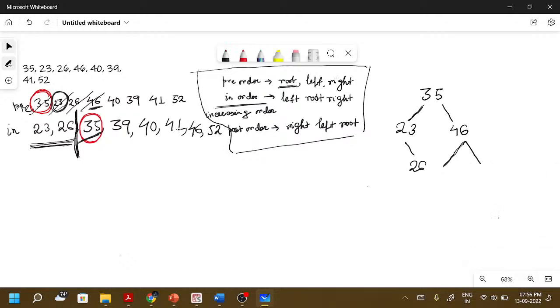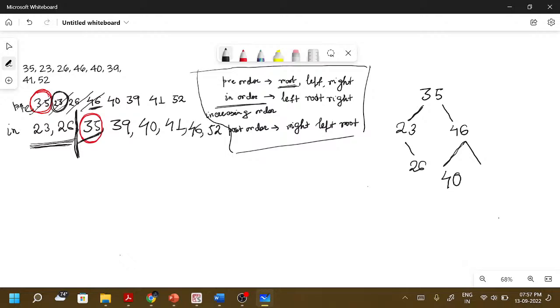So after 46, next one is 40. Then we have to look at in-order traversal and select the left. One second, I'll explain.